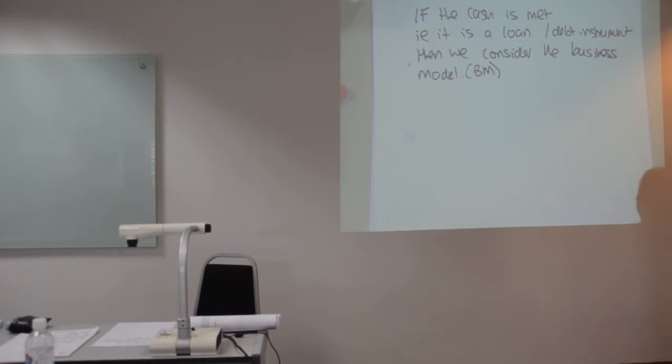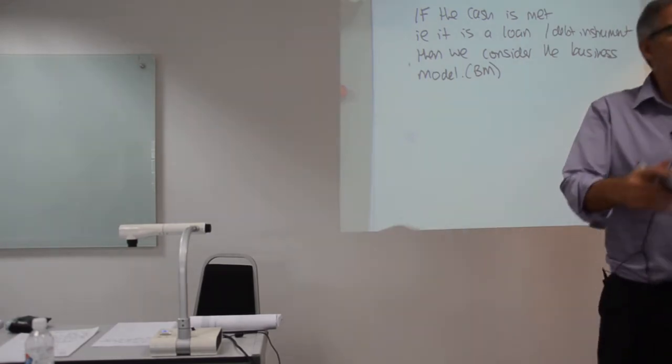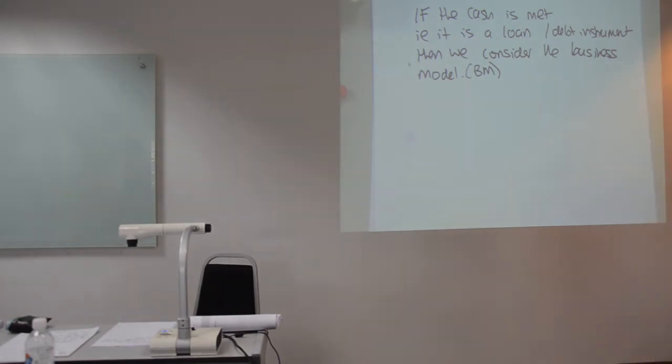The mortgage in my life is a liability, but for the lender, it is an asset. Their business model is passive: to hold, collect, never ever to sell. Because they're never interested in selling, they're never interested in the fair value.